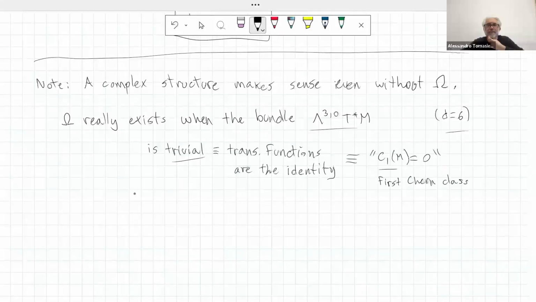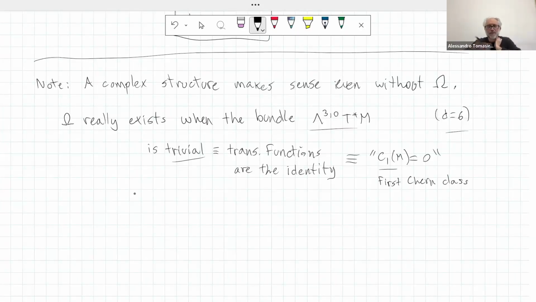When omega does not exist, there are tricks. You can still define something called a form that is bundle valued. There is a generalization, or a twisted form, people call it also like that.